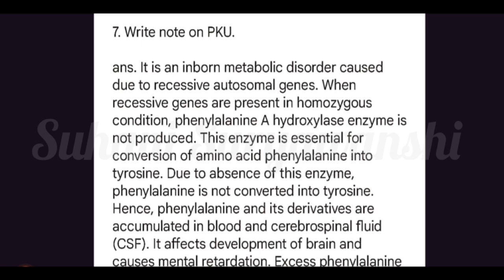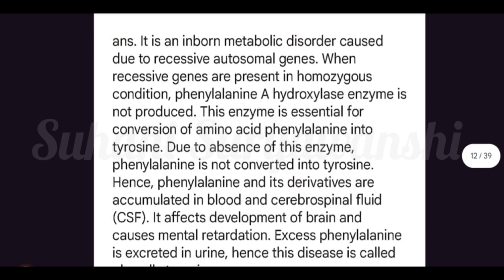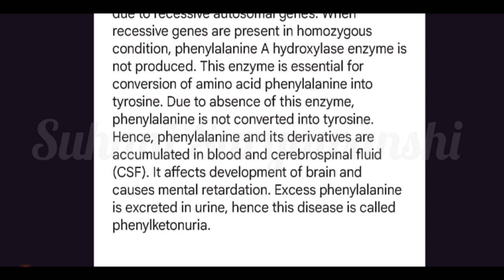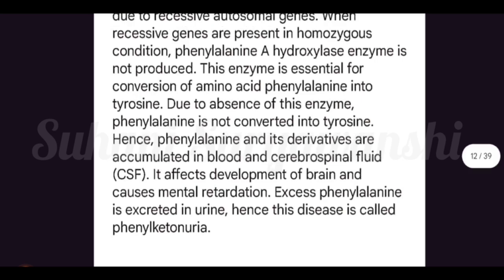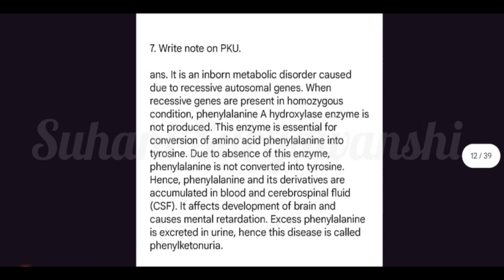Due to absence of this enzyme, phenylalanine is not converted into tyrosine, and hence phenylalanine and its derivatives are accumulated in blood and cerebrospinal fluid, that is CSF. It affects development of brain and causes mental retardation. Excess phenylalanine is excreted in urine, and hence this disease is called phenylketonuria.